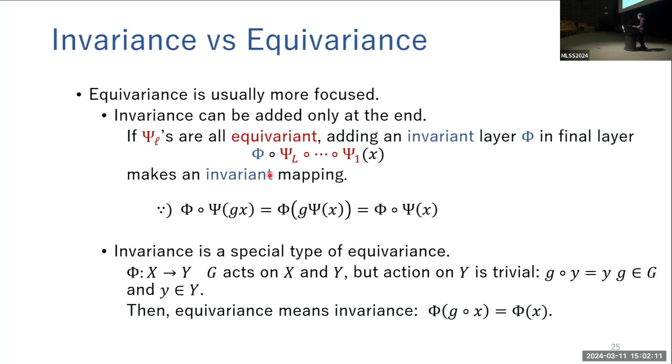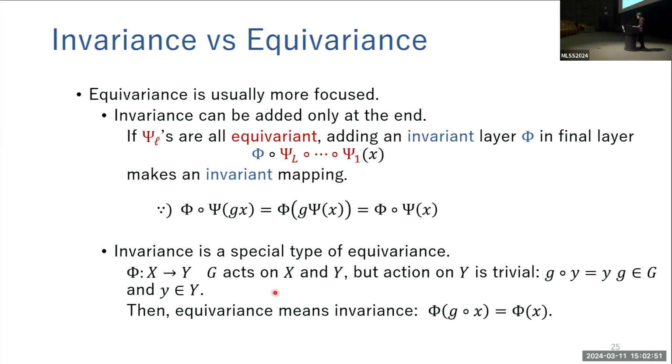And if we apply some invariant mapping or invariant layer at the end of the architecture, then the total mapping becomes invariant. So it is more important to consider the equivariant part than making an invariant part. And the invariance of this construction using equivariant plus additional invariance can be easily confirmed by just using the definition of invariance and equivariance.